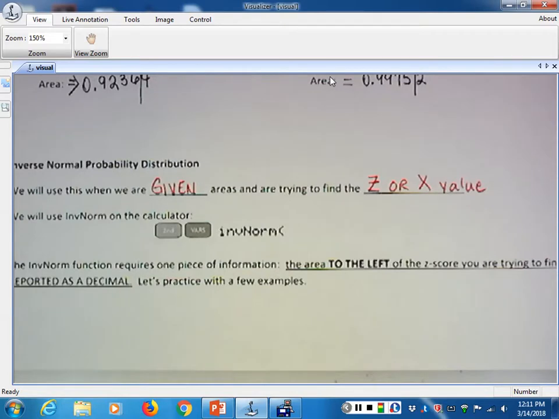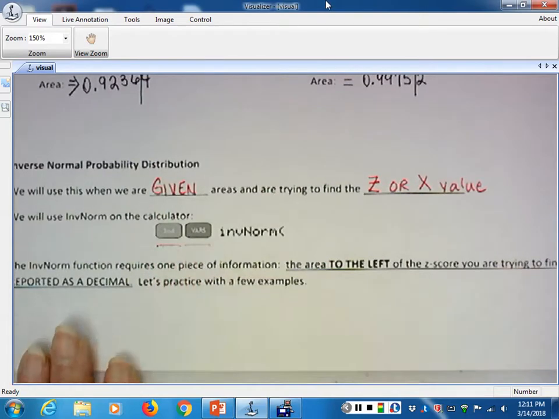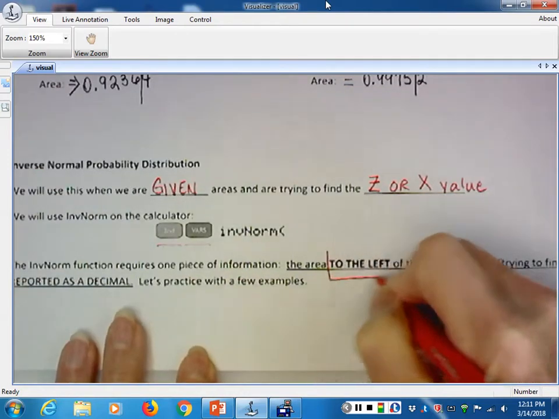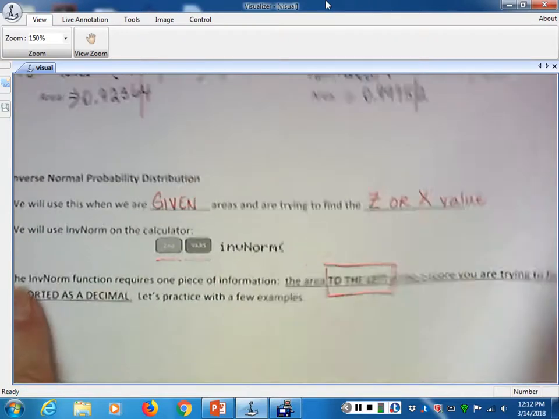If it's z, the mean is 0 and the standard deviation is 1. And if it's x, then the problem is going to give you a different mean and standard deviation. The calculator function you get the same way we started before. It's second vars, and then you choose option number 3, which is inverse norm. And the thing to remember is the area that we put in with this command has to be the area to the left. Okay?